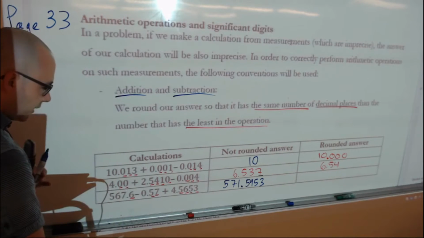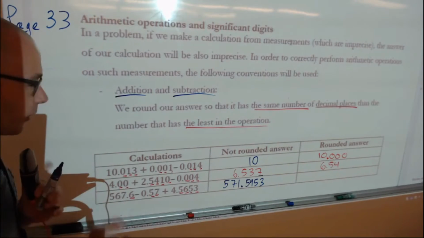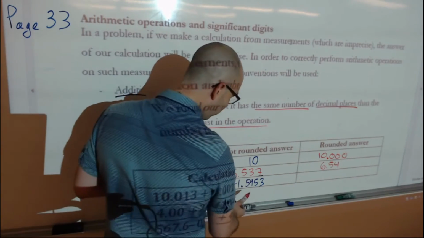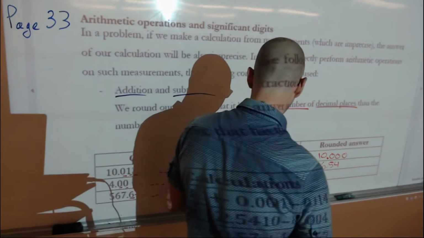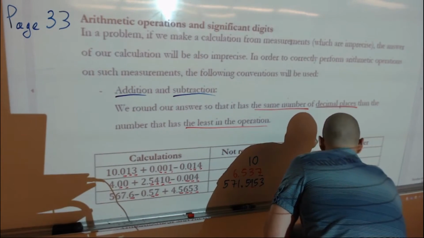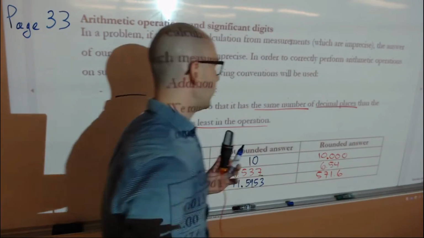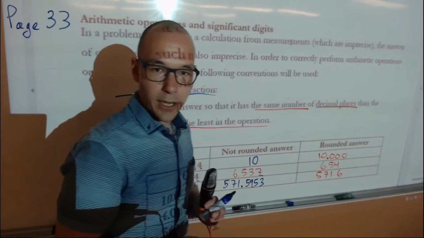So we have to keep 1, because this one has only 1 decimal after the point. So we have to keep that 5, but it's followed by a 9. So it's going to be 571.6 as the rounded answer. So that's it for addition and subtraction.